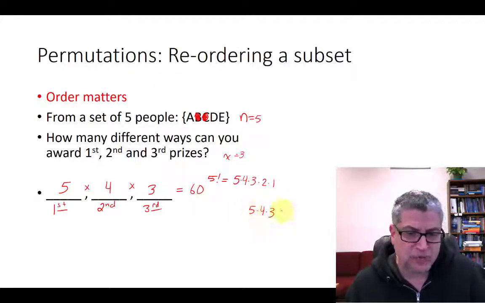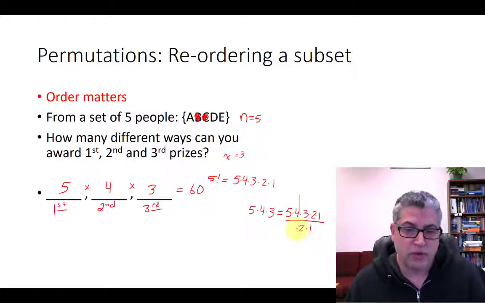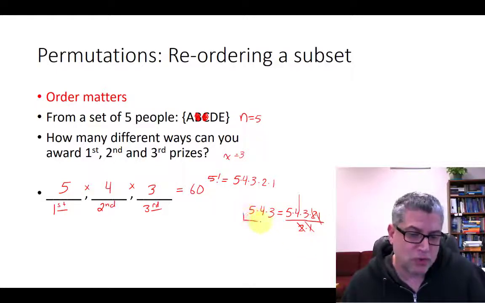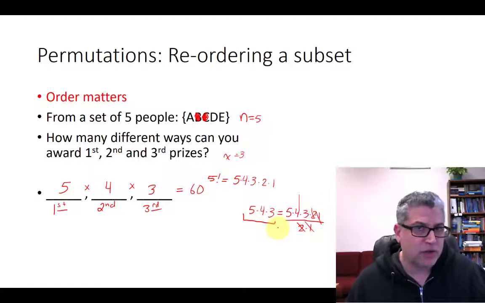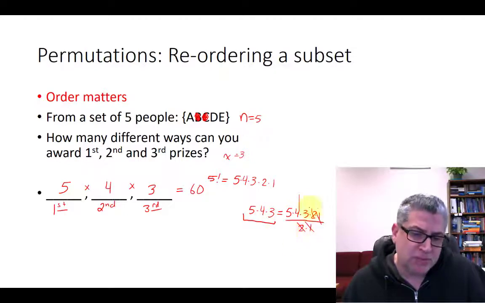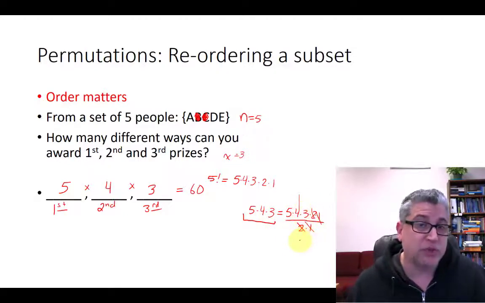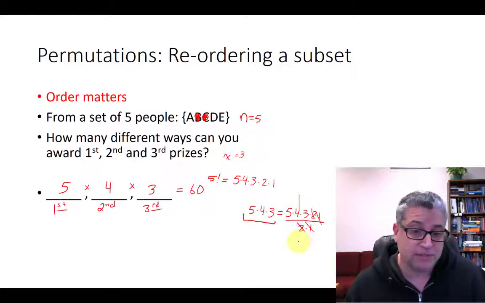5 times 4 times 3 is really just another way of saying 5 times 4 times 3 times 2 times 1, so the 5 factorial, but then divide by 2 times 1, in which case the 2 cancels, the 1 cancels, leaving us with 5 times 4 times 3. So this kind of truncated factorial, you can express it as the ratio of 2 different factorials.